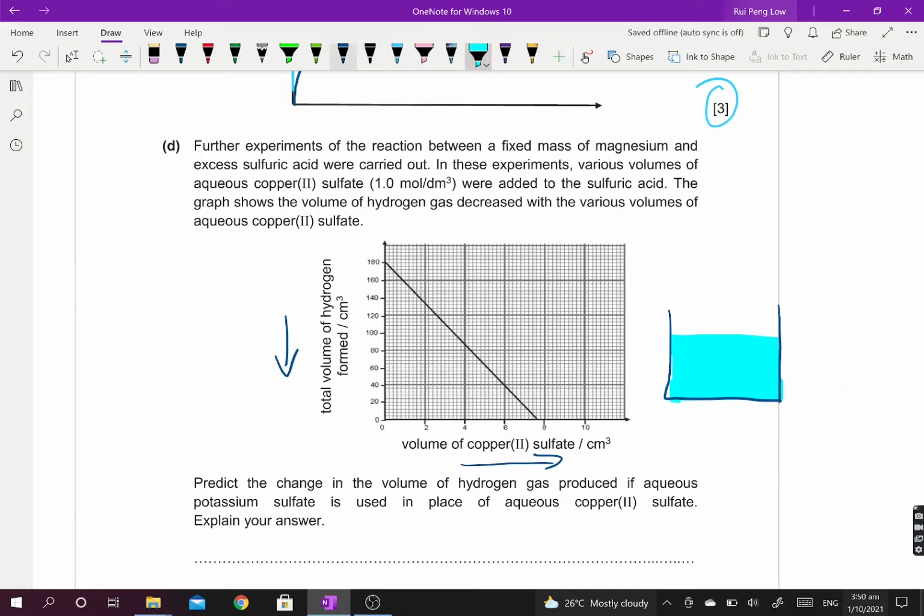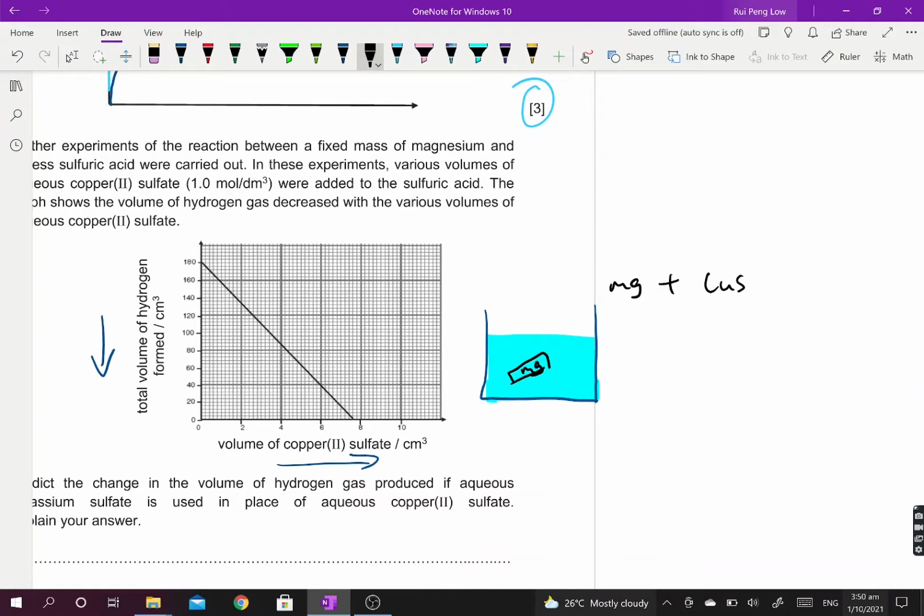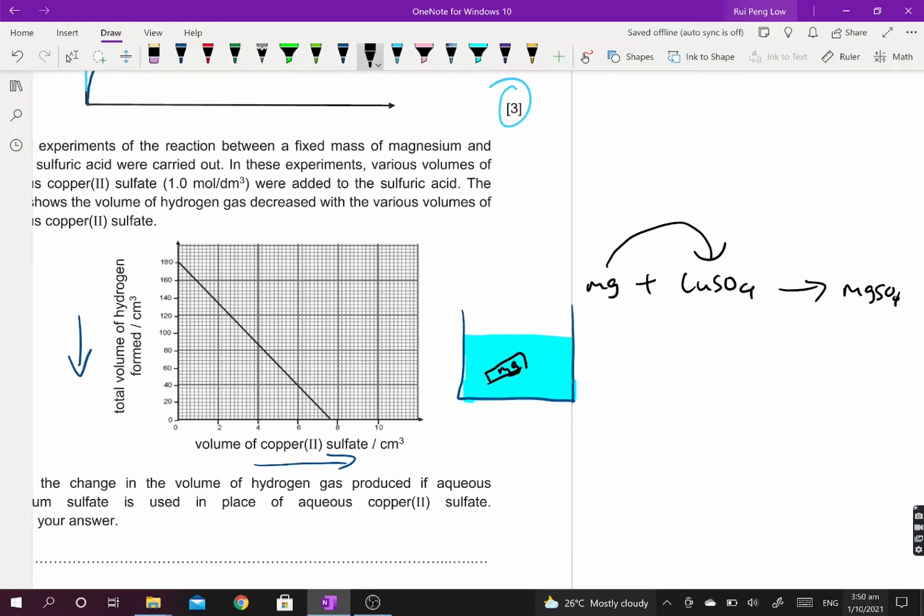If you were to place a magnesium ribbon, so again you have this reaction, magnesium plus CuSO4, magnesium more reactive, so you get MgSO4. So the more copper 2 sulfate you add, the less magnesium you have to produce the hydrogen when it is being reacted with sulfuric acid.